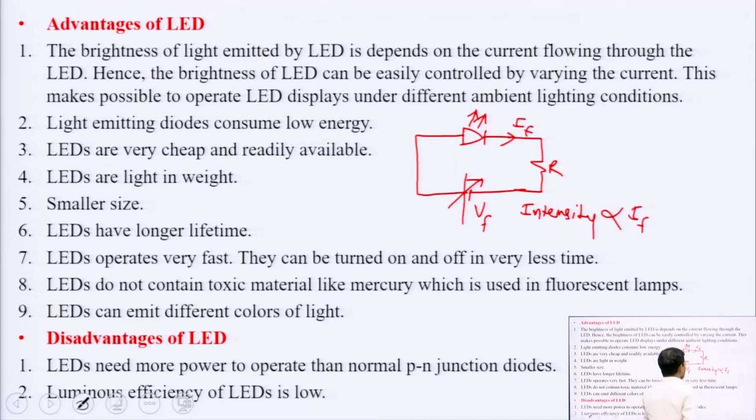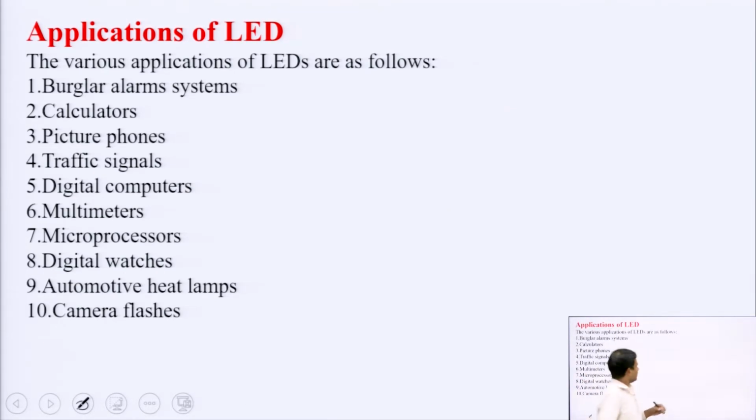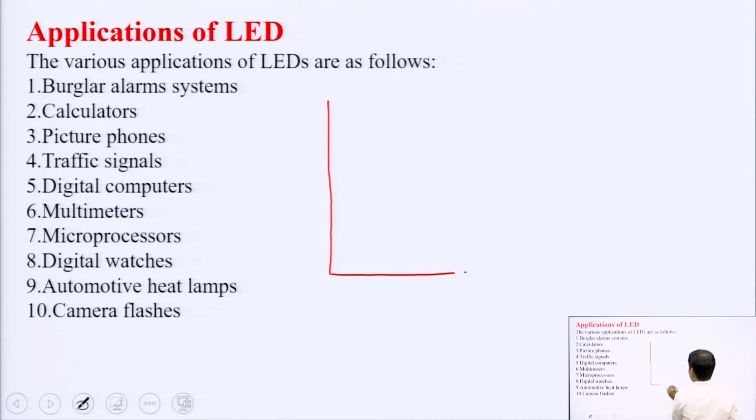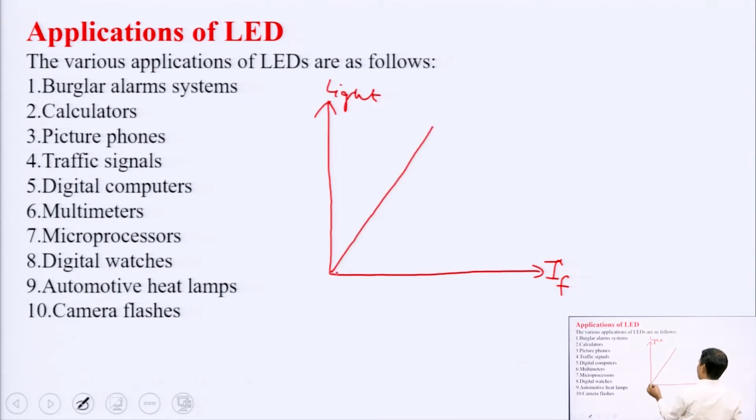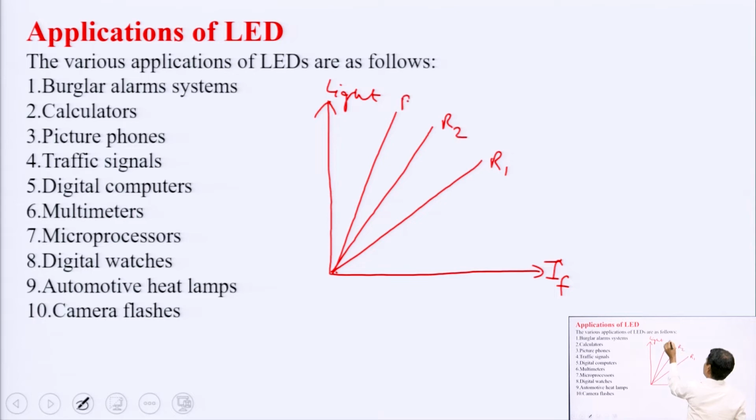I am going to draw a graph also. Here in the graph, this is the forward current and this is the light, and I am going to draw three graphs here. This is R1, this is R2, this is R3.